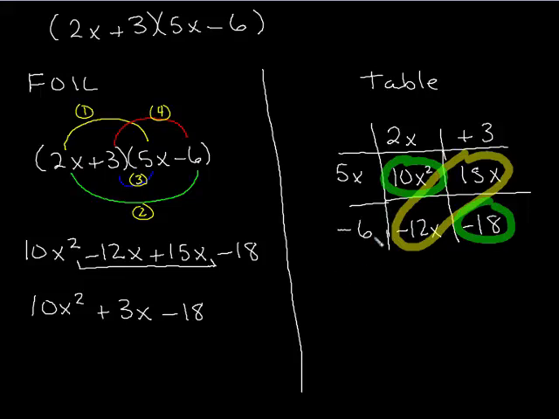Those won't have any other like terms, so they just get written down, and then we add our diagonals. Negative 12 plus 15 is 3, so I have 3x minus 18. As you can see, you get the same answer no matter which method you use. So it's a matter of preference whether you'd like to use FOIL or a table. Let's try another one.